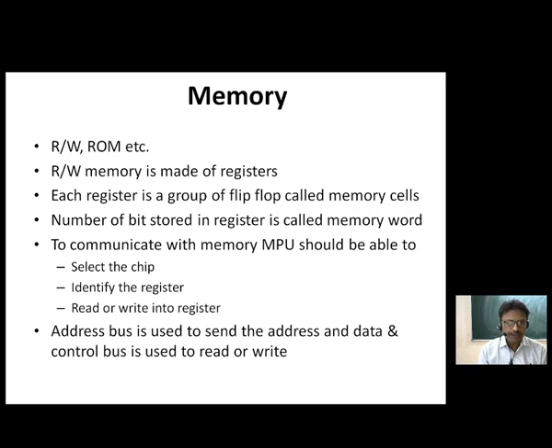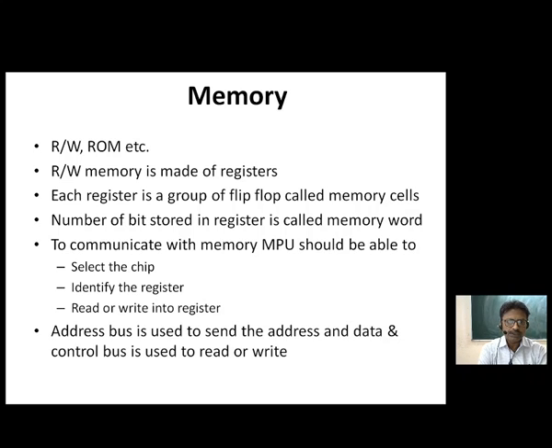Whenever this memory is connected with the microprocessor, how is the microprocessor going to communicate with this memory? There are 3 essential steps which are required. First is to select the chip, because there is a possibility that there are many memory chips connected with the microprocessor system. So first of all, we have to select the chip.